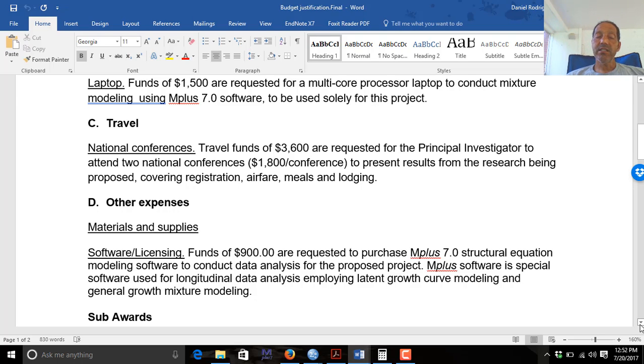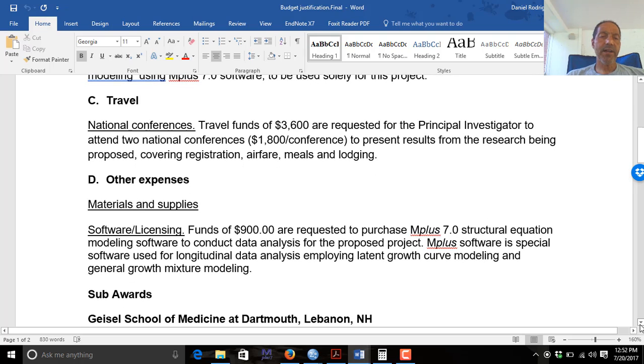In some cases, I will detail this much more clearly, like how much I'm assuming for airfare, or for meals, lodging, and registration. But here I did it a little bit more broadly. It depends on the organization you're working with. Some organizations require much more hefty accounting.